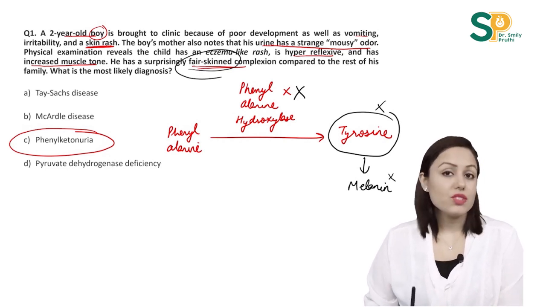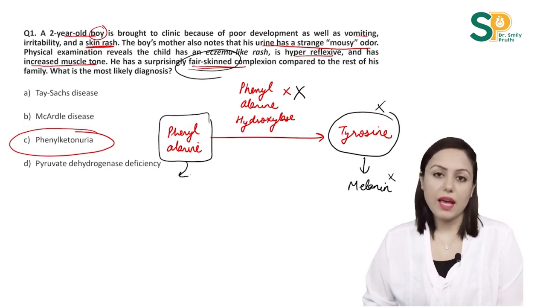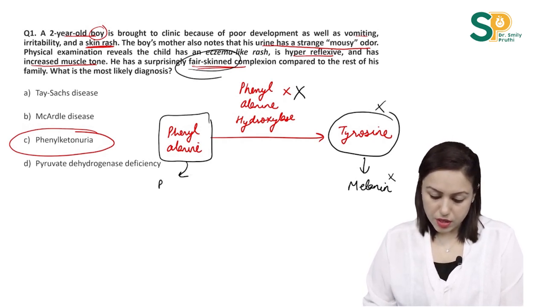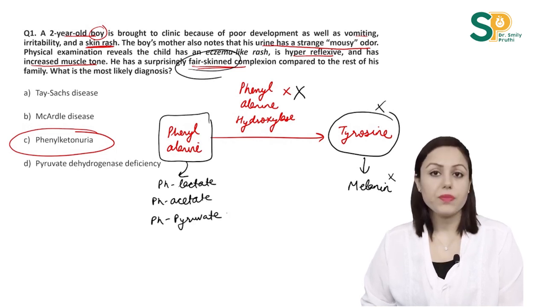Now, when this reaction is not occurring, phenylalanine will accumulate and it will form some other products of phenylalanine like phenyllactate, phenylacetate, phenylpyruvate, right?